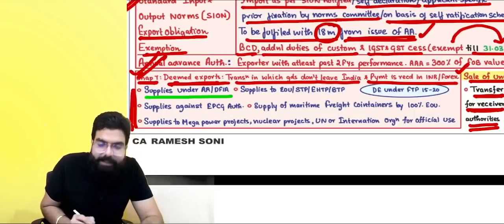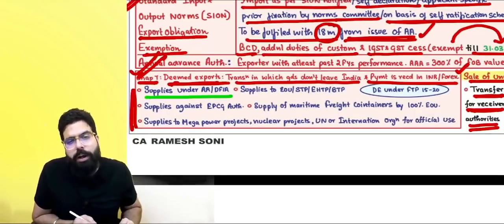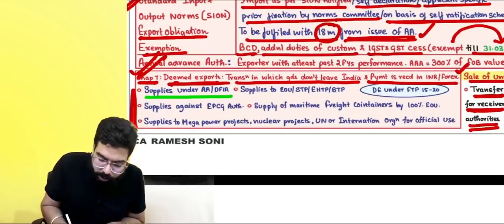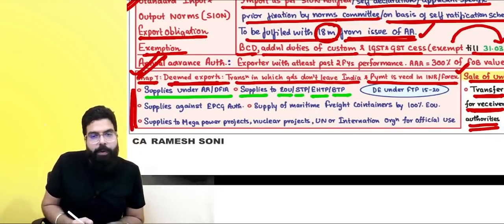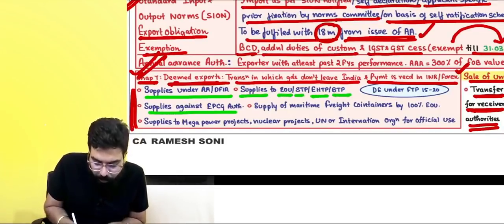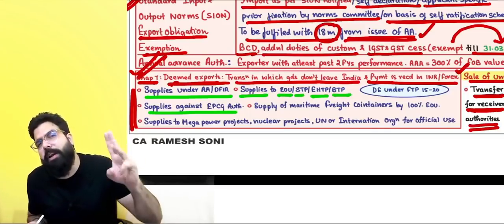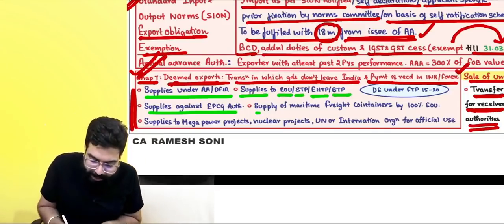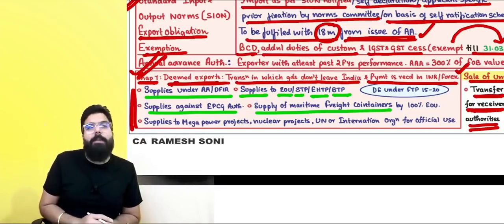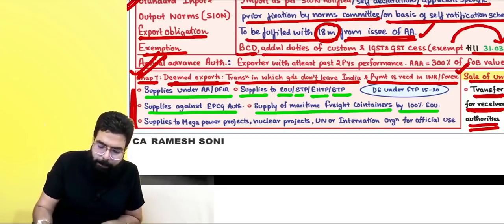So whenever supply is done to an advance authorization holder or a DFIA holder, or you are supplying to EOU, EPCG, STP, BTP, or to a person having an export promotion capital goods authorization, or you are supplying maritime freight containers by a 100% EOU.